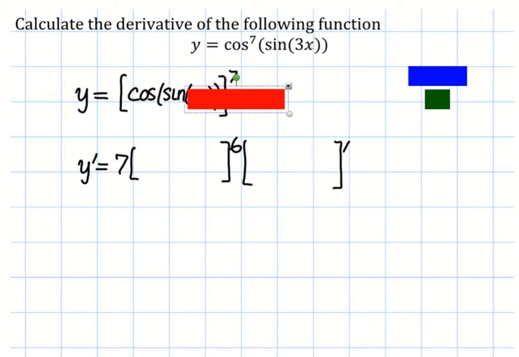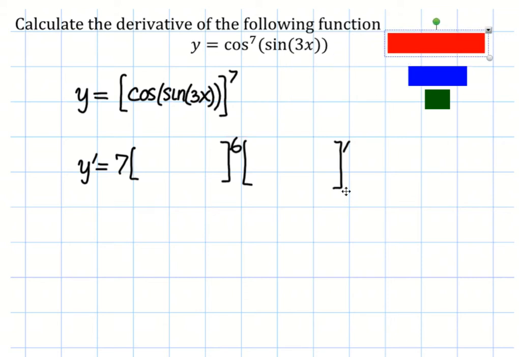Right. So inside of it happens to be cosine of sine of 3x. So I just copy it down. Don't do any derivative yet.